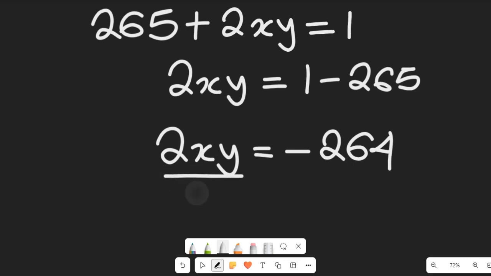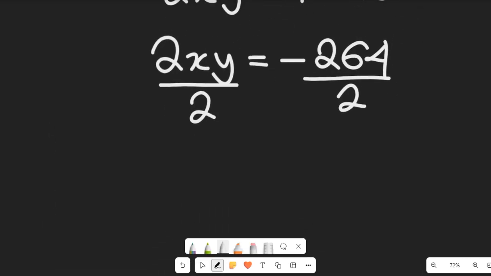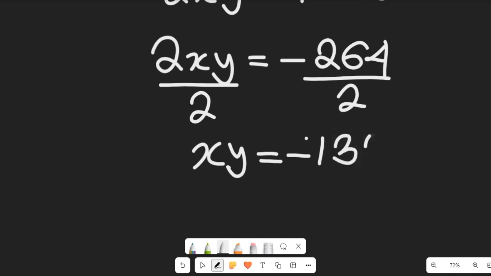We divide both sides by 2, and this gives us xy equal to negative 132, and we'll take this as equation 5.